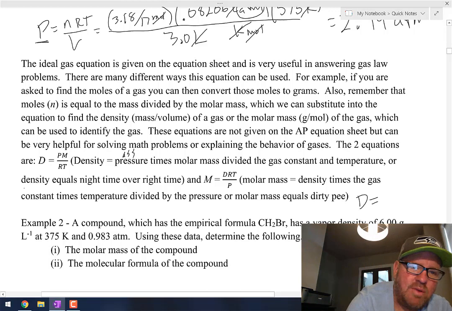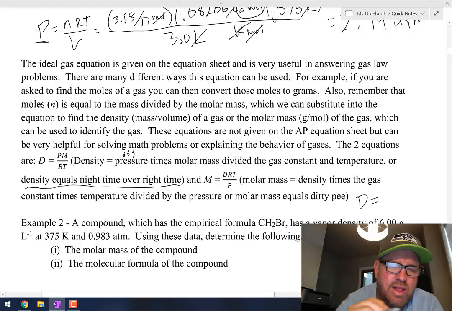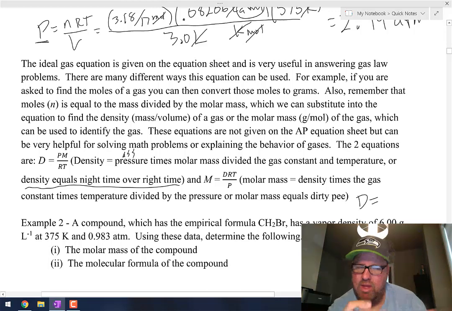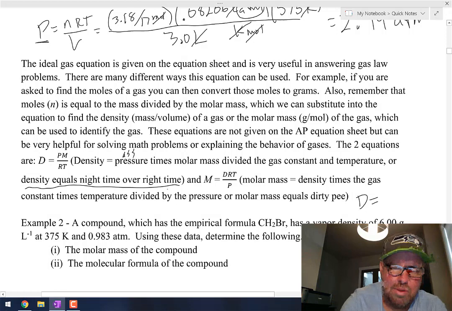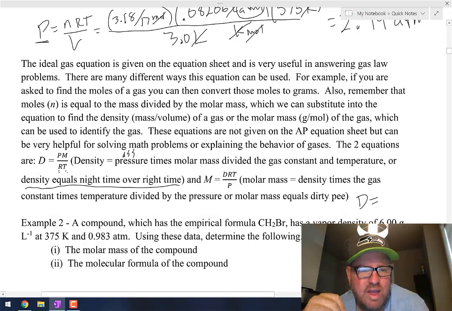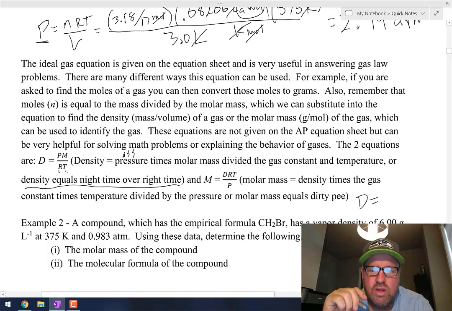So the way I remember the density equation, I think of density equals nighttime, like instead of AM, you're in the PM, so PM, and so it's nighttime over right time. RT, right time. So nighttime over right time is how I remember the density equation.